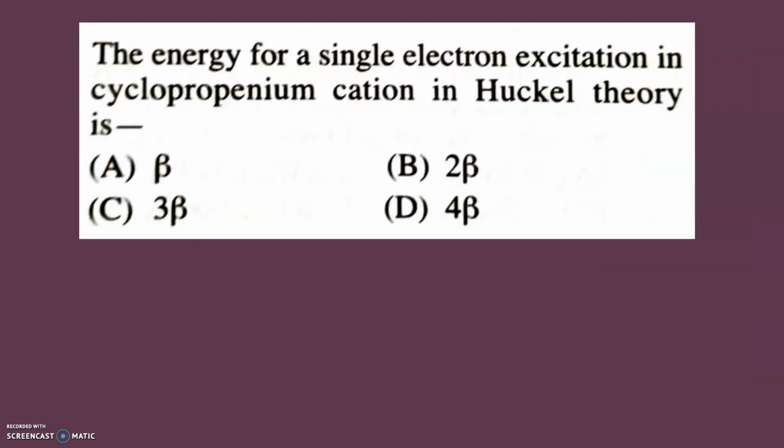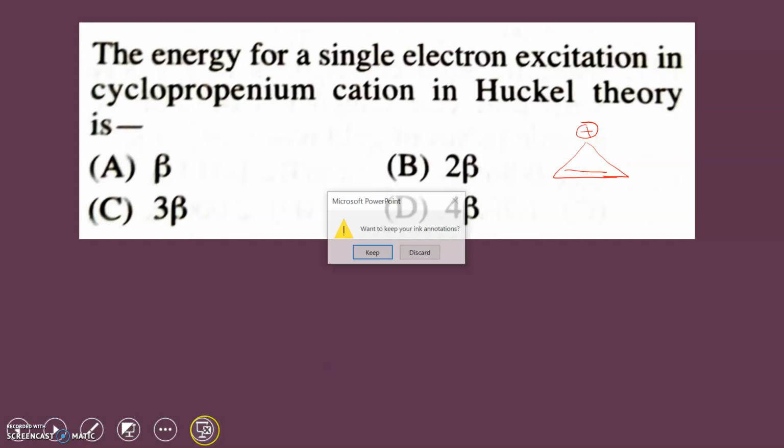Then the next question is: the energy for a single electron excitation in the cyclopropenium cation in Huckel theory is... They are asking the energy for single electron excitation in the cyclopropenium cation. How to do this problem?